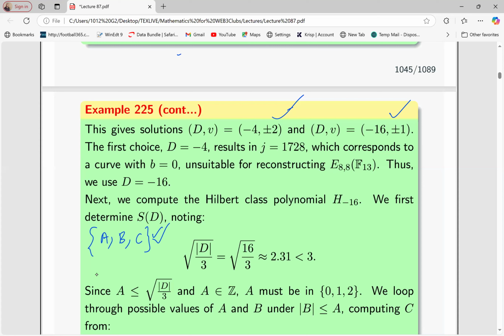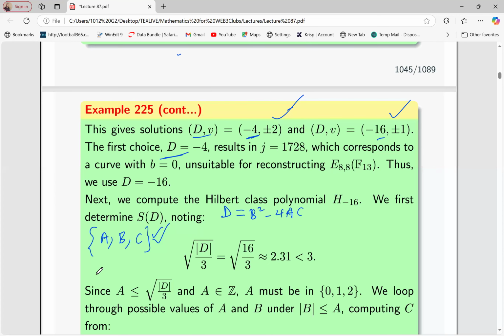The first condition is that the D we just obtained above, which could be -4 or -16, should be written as B squared minus 4AC.